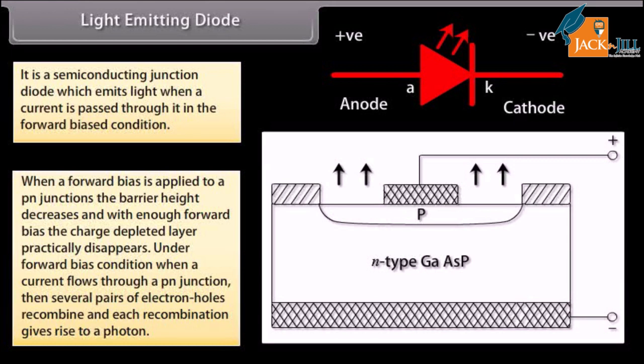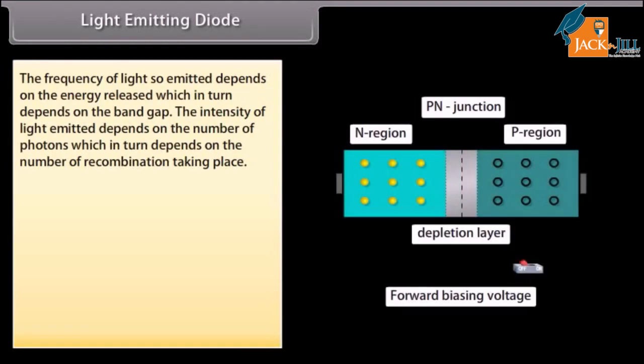Under forward bias condition, when a current flows through a p-n junction, several electron-hole pairs recombine, and each recombination gives rise to a photon. The frequency of light so emitted depends on the energy released, which in turn depends on the band gap.